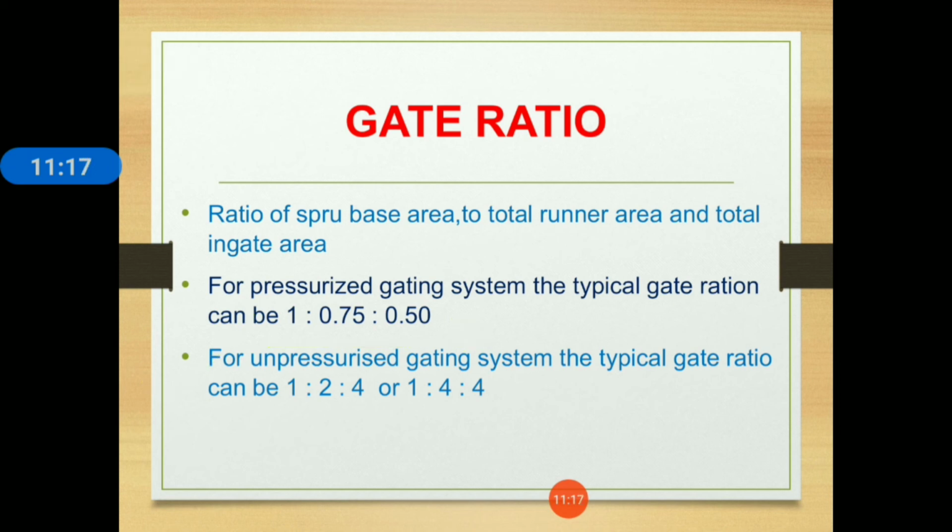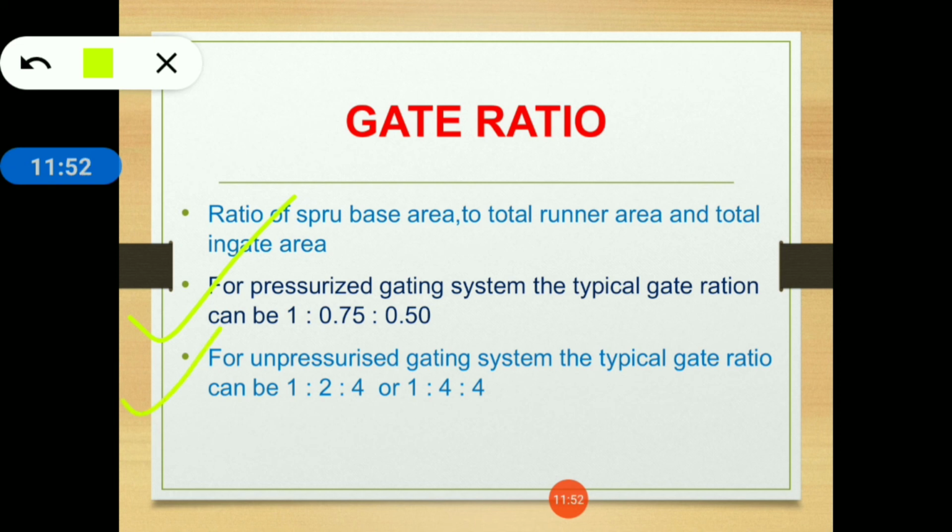In the pressurized gating system, back pressure is generated, and due to that back pressure all these series of channels will be totally filled up by the molten metal. There will be no part that is empty of molten metal. All the channels will be totally filled up and smooth flow will be generated. Because all the channels are filled up with molten metal, there is less chance of aspiration of gases.